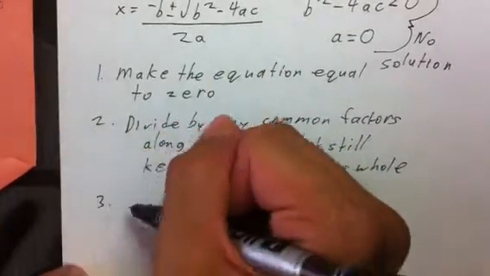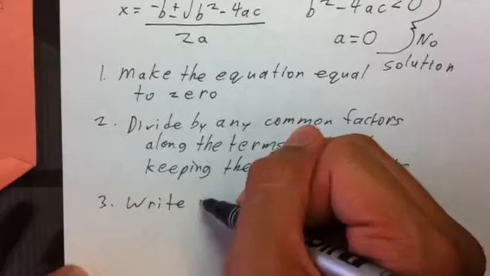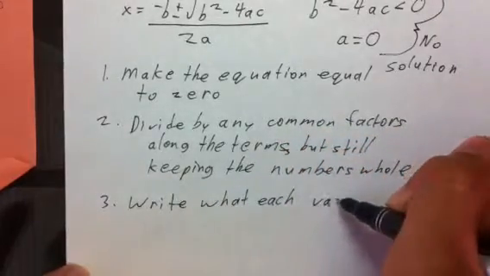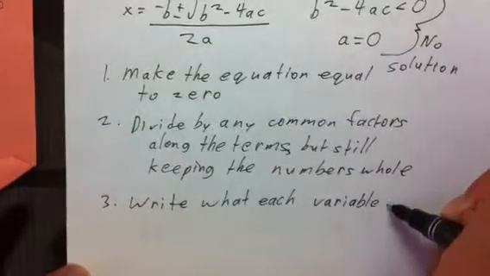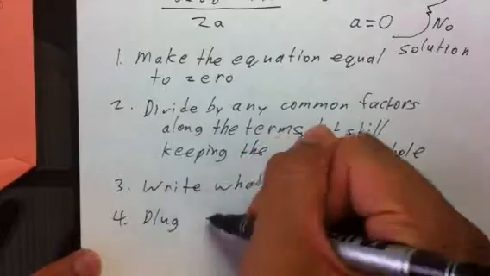Third step, write what each number is. Write what each variable is. Fourth step, plug the numbers in.